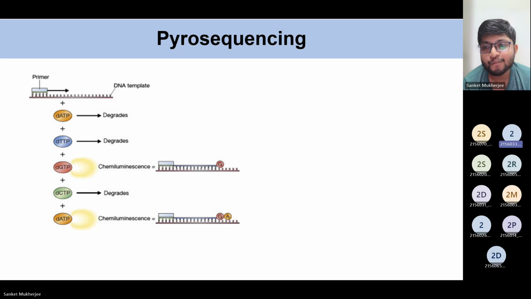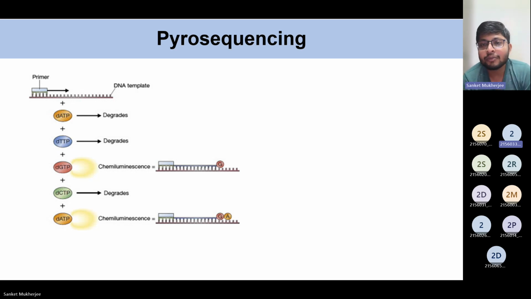So time taking. Yeah, that is true, of course. But apart from that, the process will be costly, true. And one more thing, since it removes the inorganic phosphates, that might cause a problem.